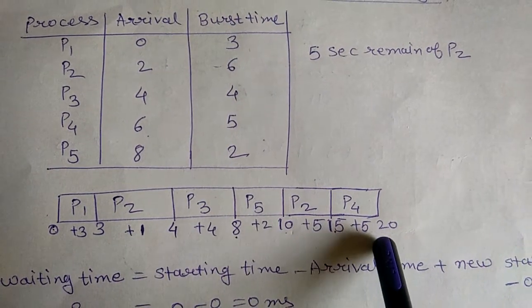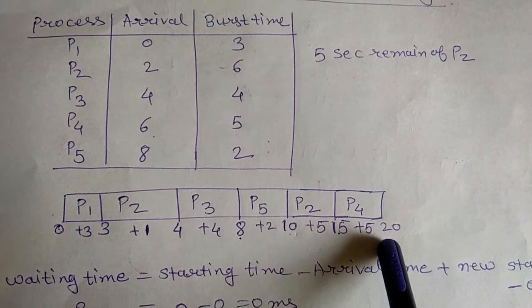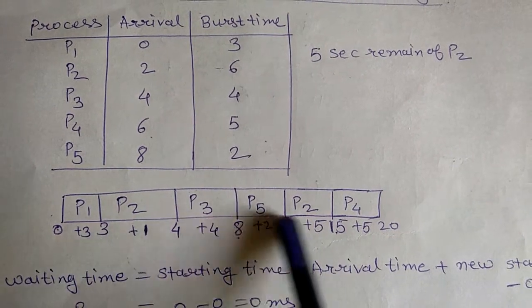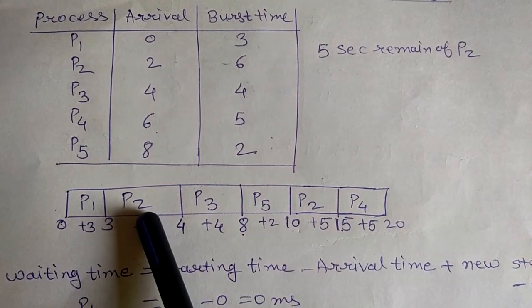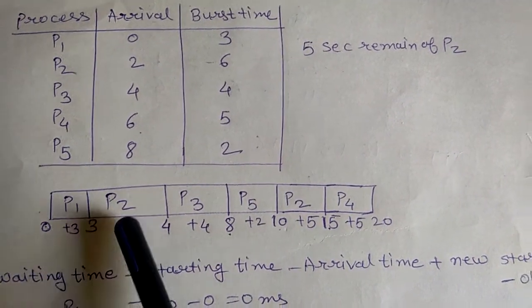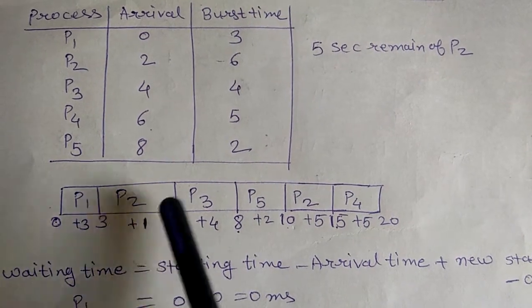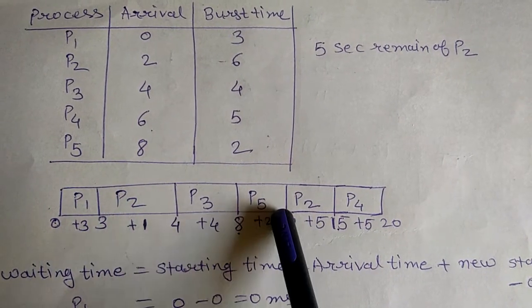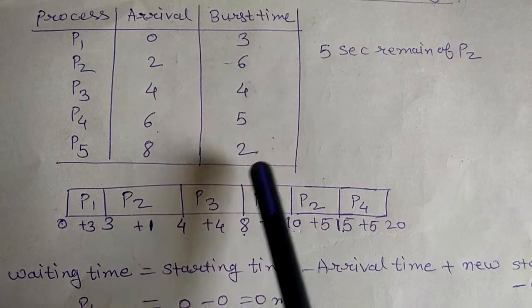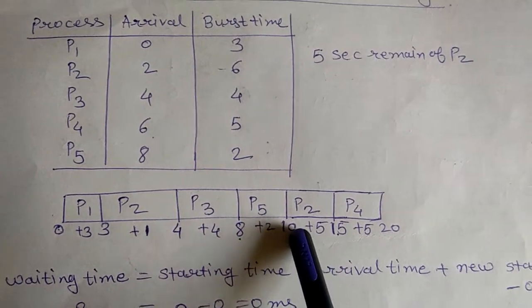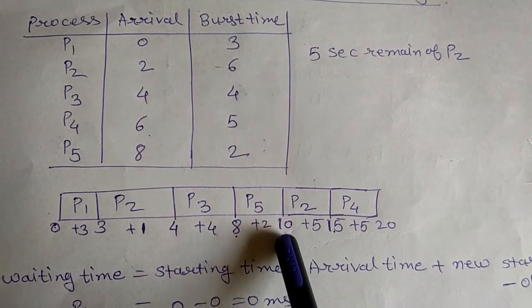Now in this Gantt chart, you can see that process P2 is the only process that has to vacate itself and make the place available for P3 and P5, and it will resume again at the 10th second.